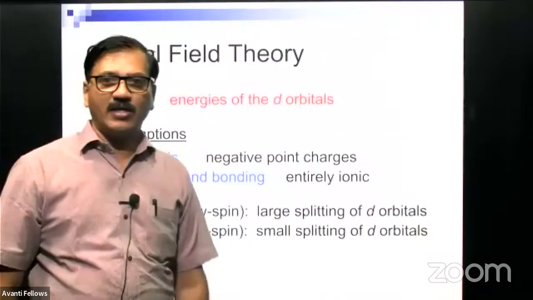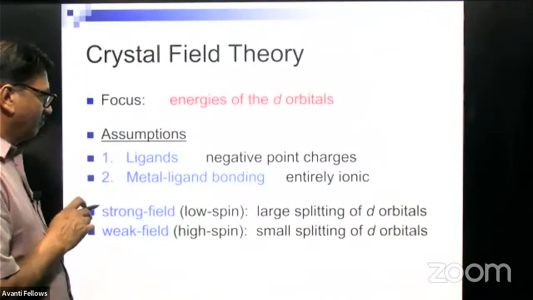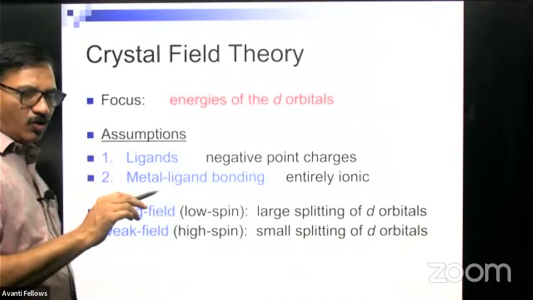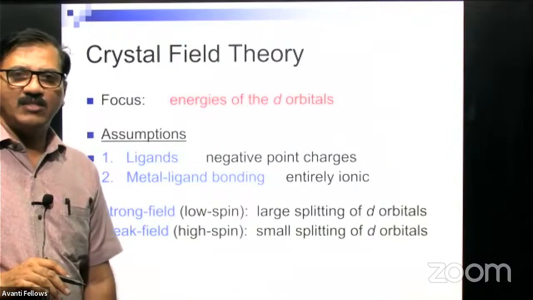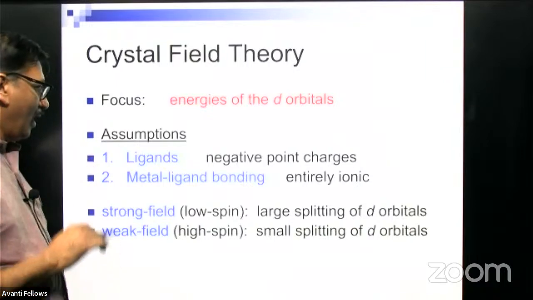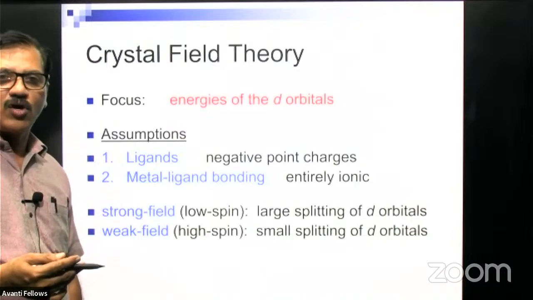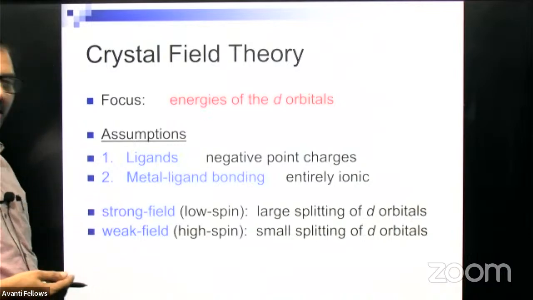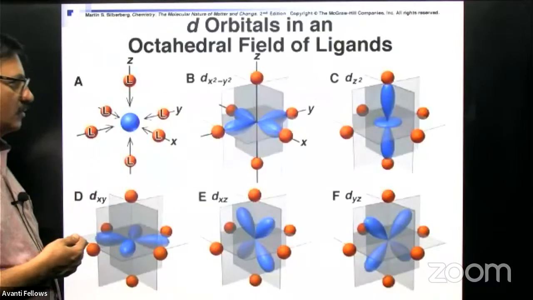Another one is crystal field theory. In crystal field theory, we assume that the ligands are point charges, and the metal-ligand bonding is entirely ionic in nature. There are strong field ligands and weak field ligands.